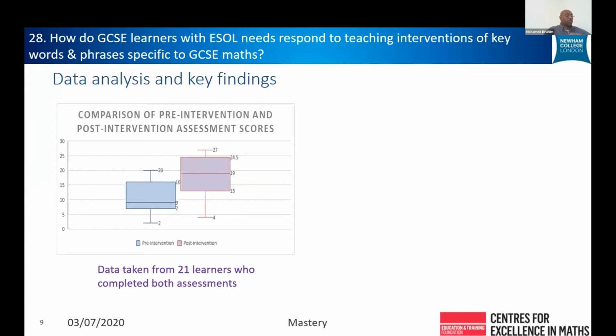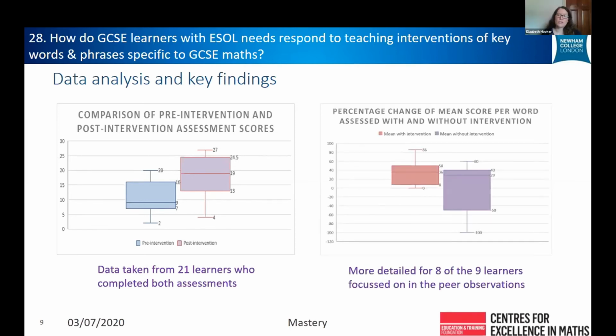The box plots show that the post-intervention assessment scores have a higher median than the pre-intervention assessment scores. Indeed, the median of the post-intervention assessment scores lies entirely outside the box of the pre-intervention assessment scores. And this further supports the claim that there is an overall improvement in the scores in the post-intervention assessment.